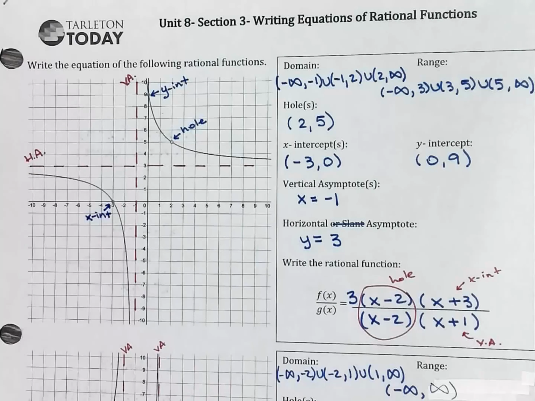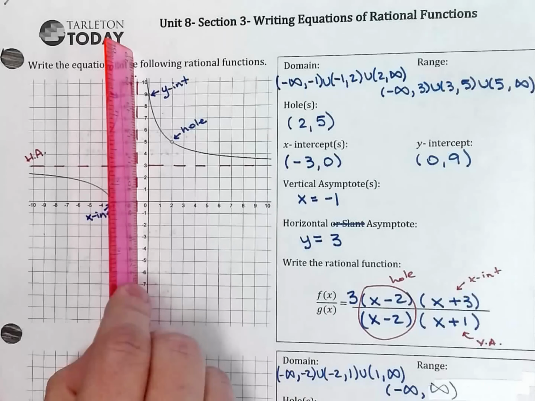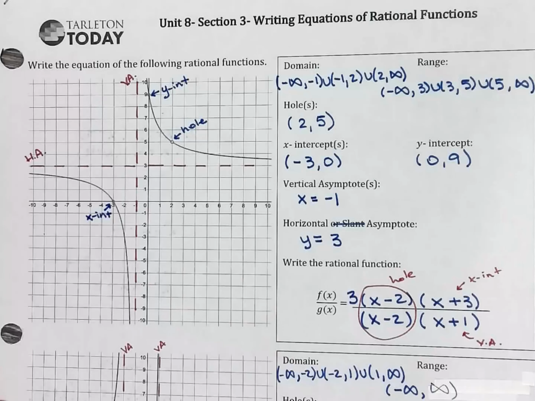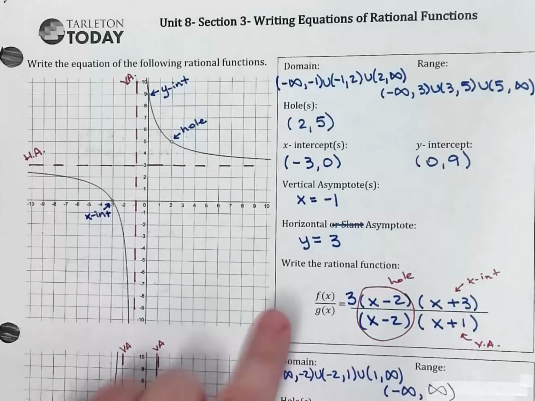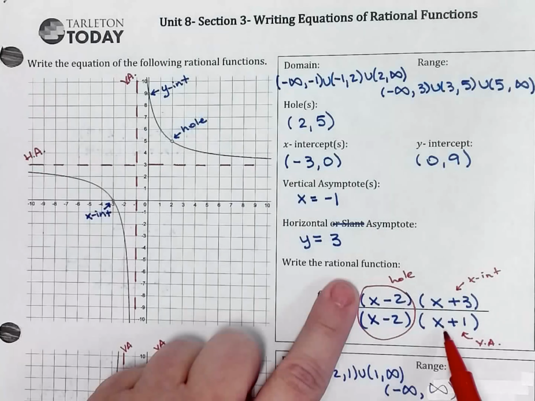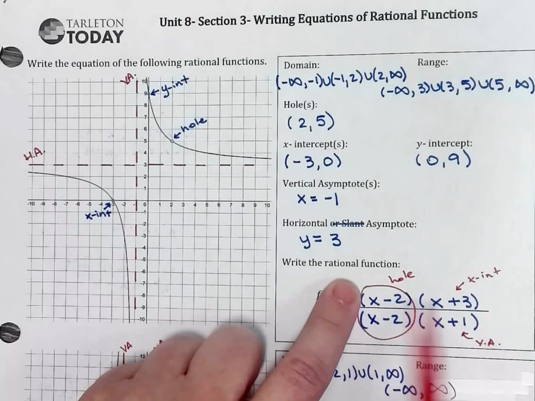I know this one is the vertical asymptote, and I can pull that information from the graph, x equals -1. Now, when you ask, where did that 3 come from? When I compare the degree of the numerator with the denominator, they both have the same degree. x times x is x squared, so the degree is 2 for both.